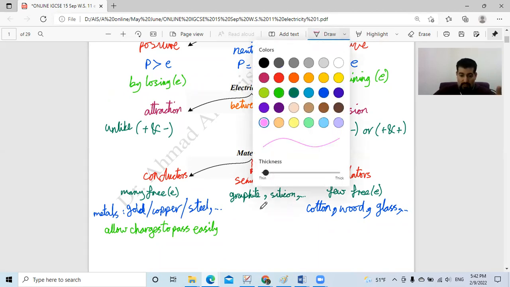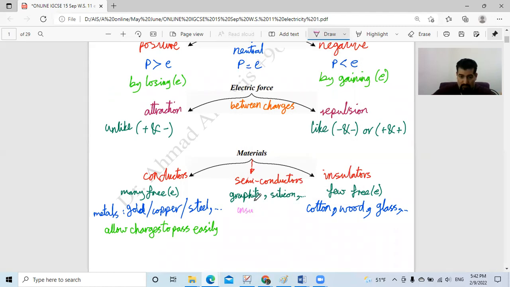So they are insulators, and they become conductors at certain conditions.